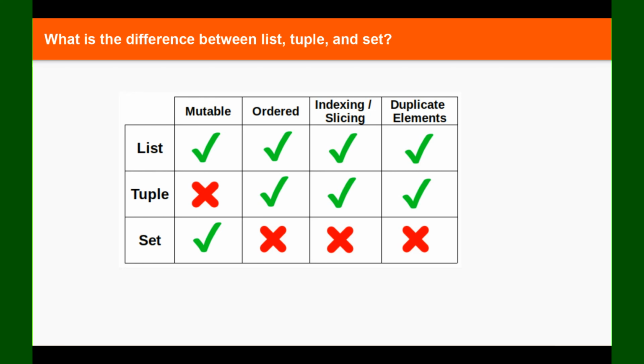A set is mutable, so you can make changes, but we cannot have duplicate values, indexes, and slices, and you also cannot have any order in a set.